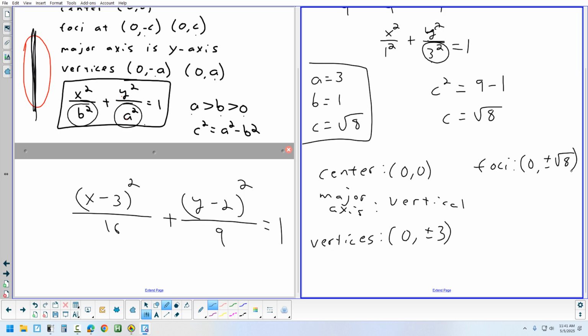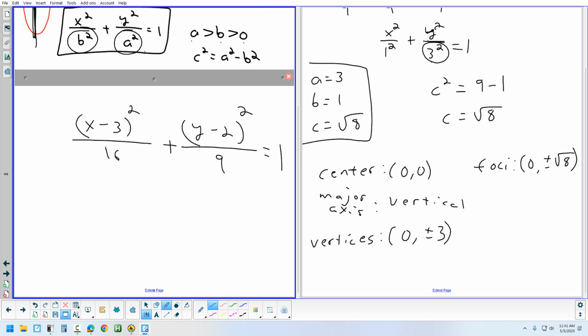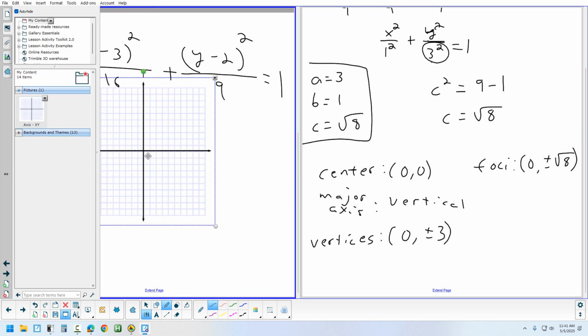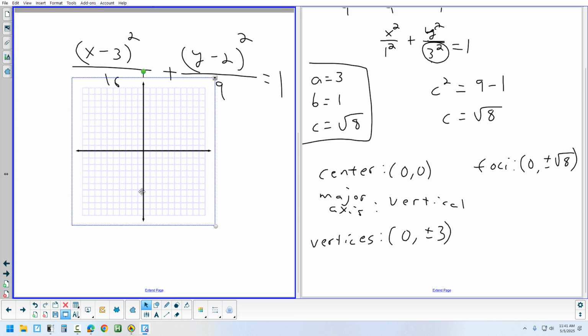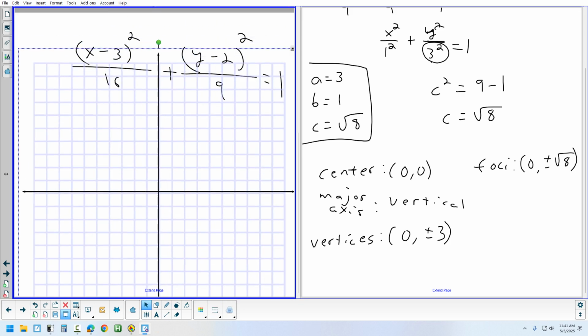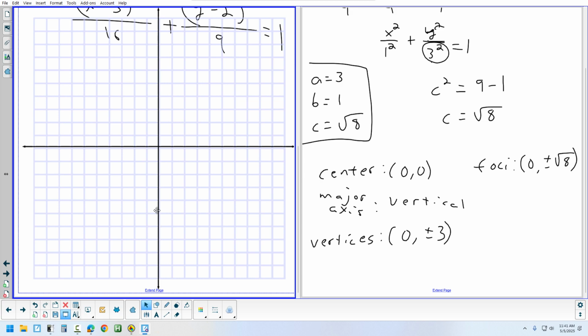Okay. Any questions on how we found any of those? All right, I'm not going to sketch it on the calculator, but let's do a quick sketch because we haven't done one that's vertical yet. What's the length of this ellipse? The line.